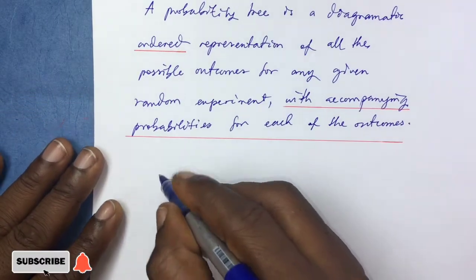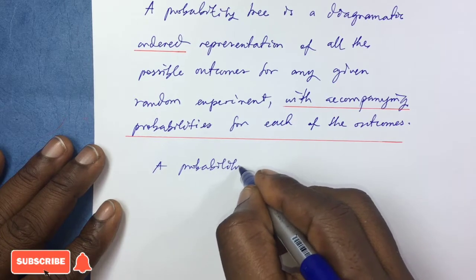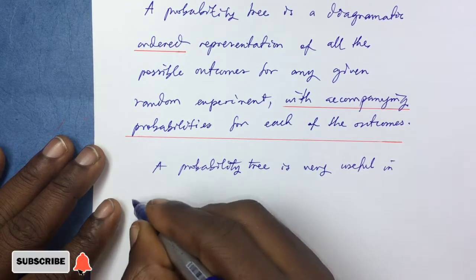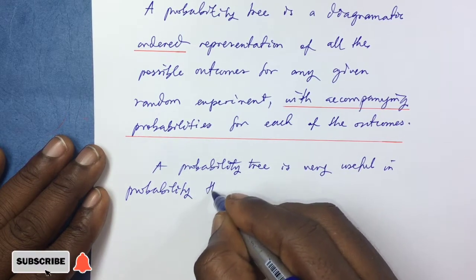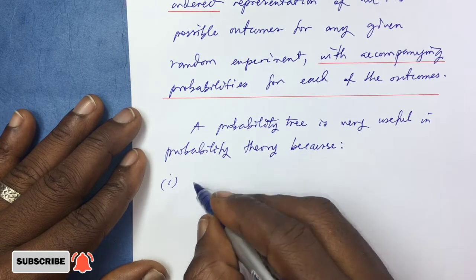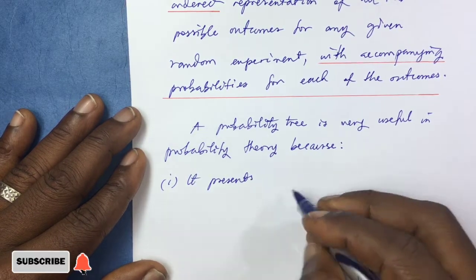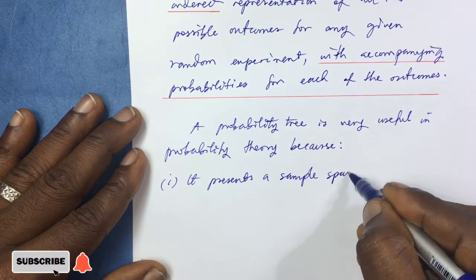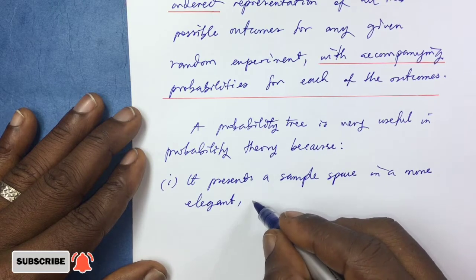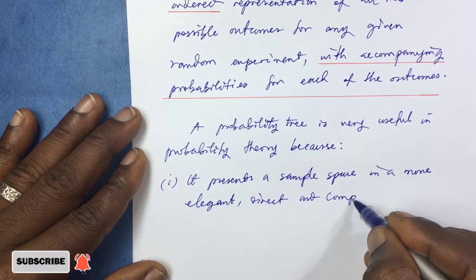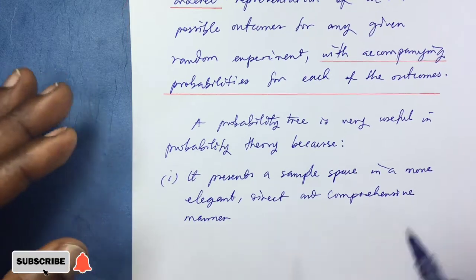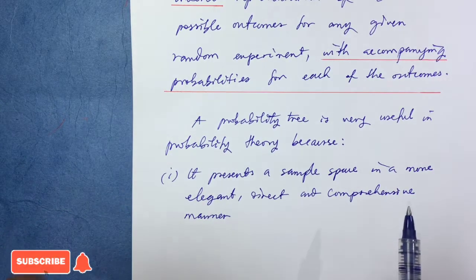A probability tree is very useful in probability theory because, one, it presents a sample space in a more elegant, direct, and comprehensive manner.